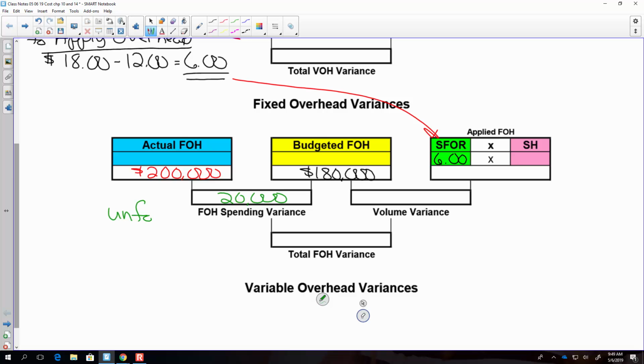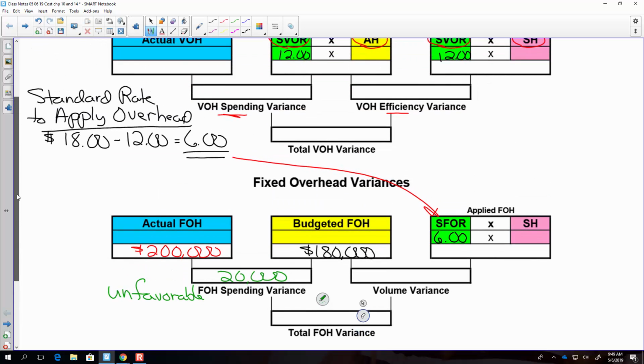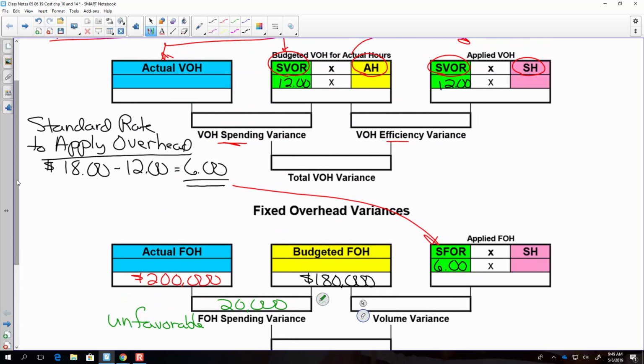Very good. You spent more money than what we had budgeted for. Excellent. What else do they give us? The volume variance is 20,000 unfavorable.